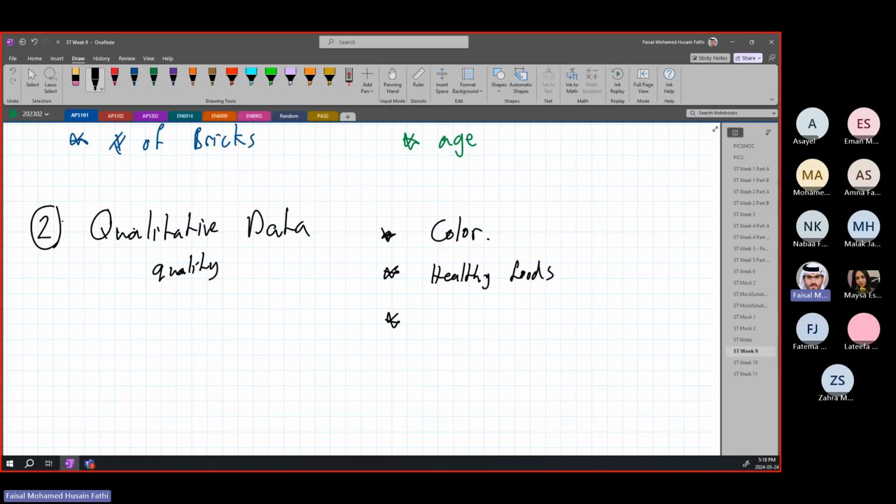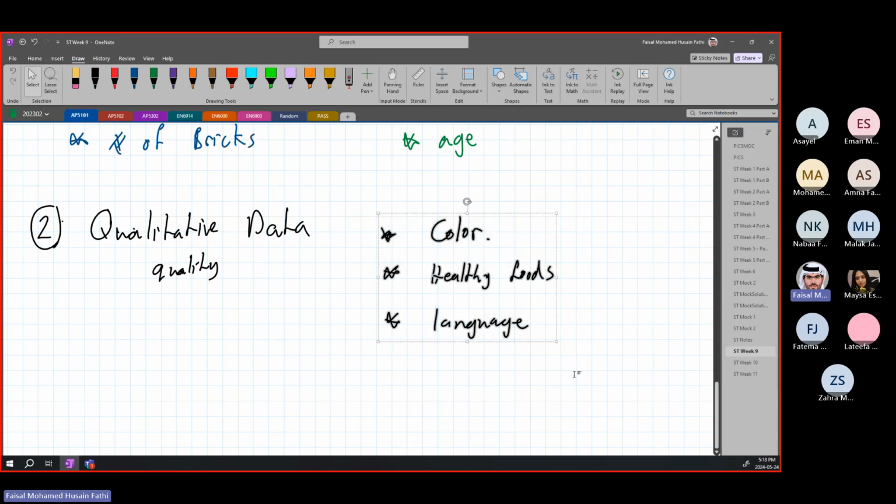Or, for example, another thing is language. You can say the language they are speaking, or the language that is being taught, or whatever. Something that you do not use a number to identify. It is a description about it, all right? So it's a descriptive feature. It is just some property of whatever you're trying to gather data from.